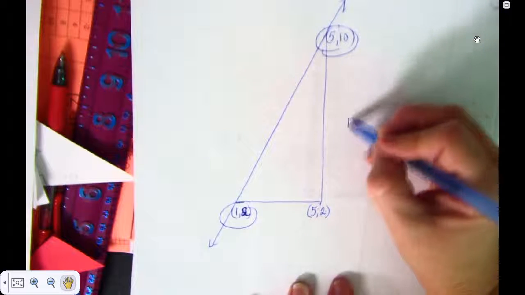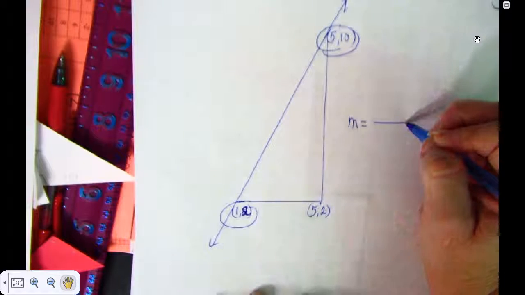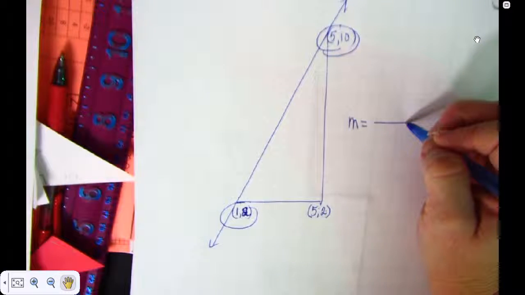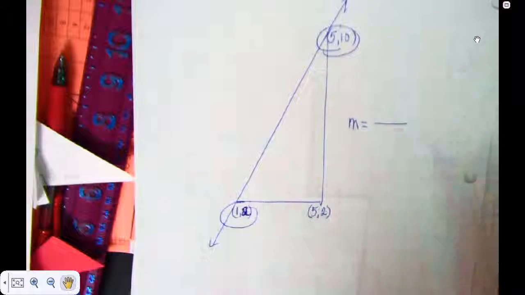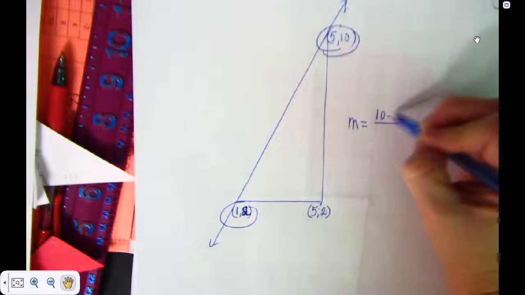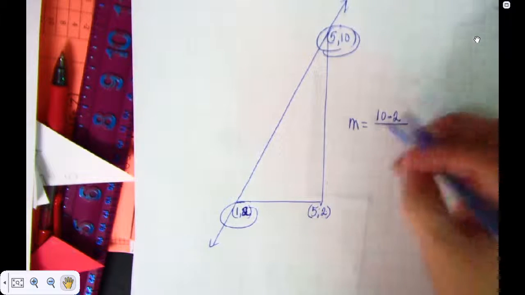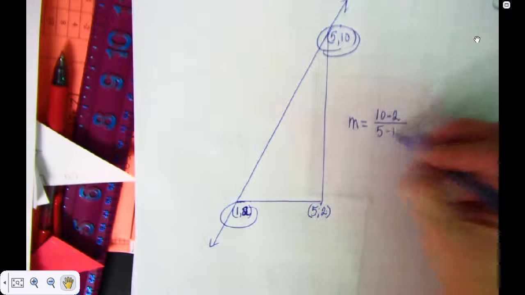So now we're going to come over here and get the slope by subtracting the 2 points. When I say go, everybody tell me what the numerator will be. Go. Good. I didn't hear everybody. And then on the bottom, 5 minus 1.